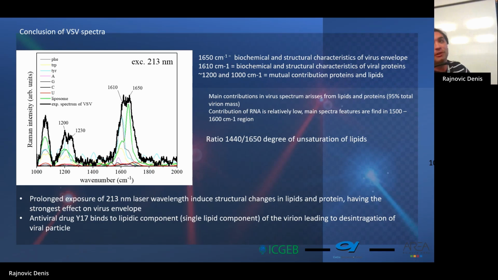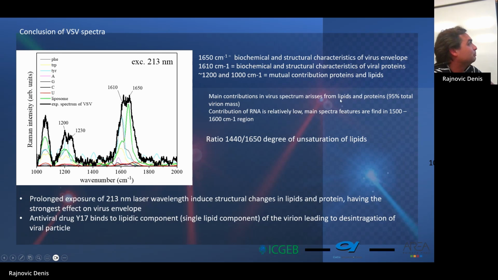So just a summary, some easy, simple conclusions: the peak at 1650 provides us information about the viral envelope, 1610 mostly about viral proteins, and the mutual contribution of proteins and lipids we can find in the 1200 and 1000 wave number region.